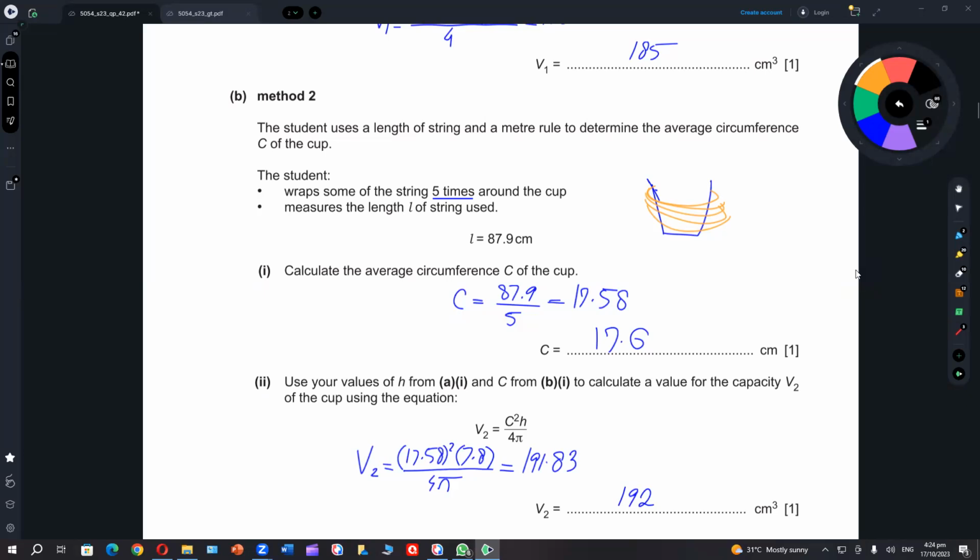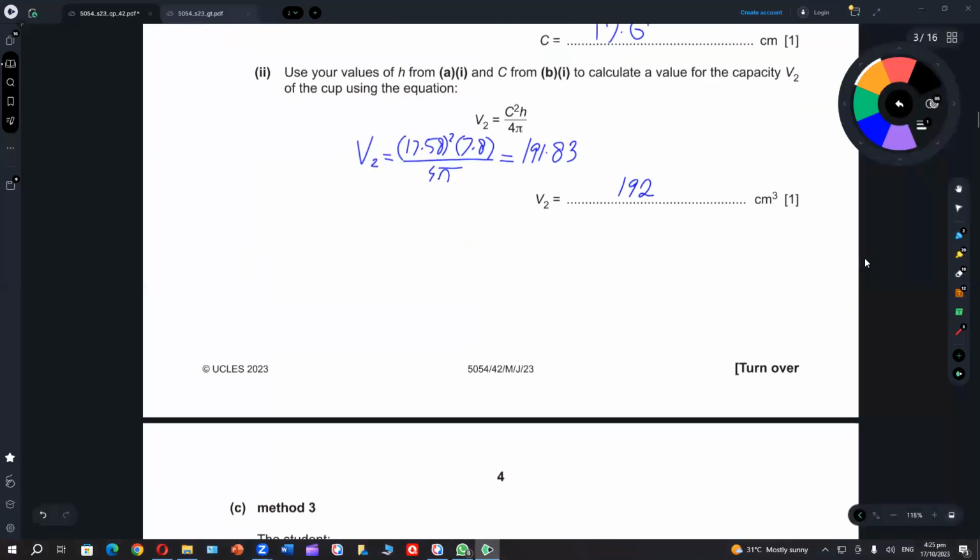Maybe the string is loose. If you measure this way, maybe the string comes on each other. When a round of a string comes on the previous round, it will be an overestimation. The length will be overestimated. So this is a source of error. You can write any one of them.